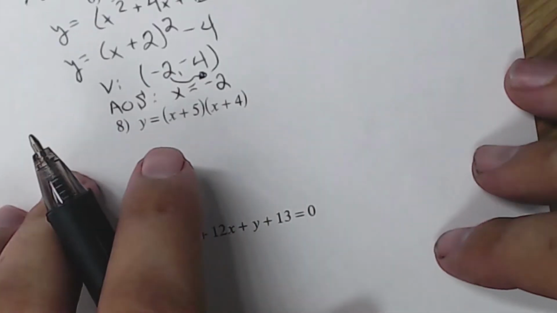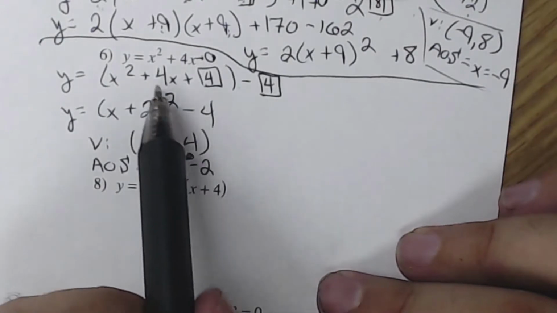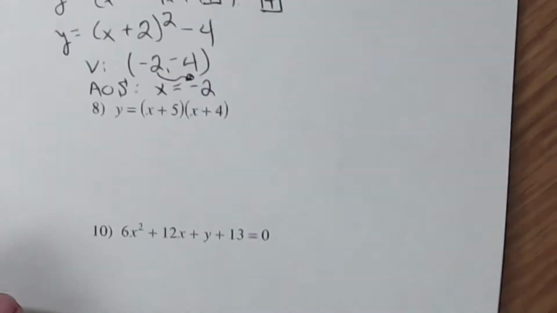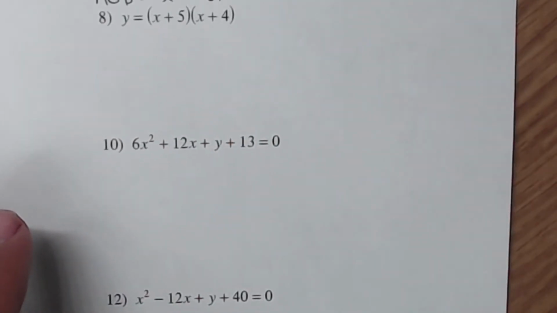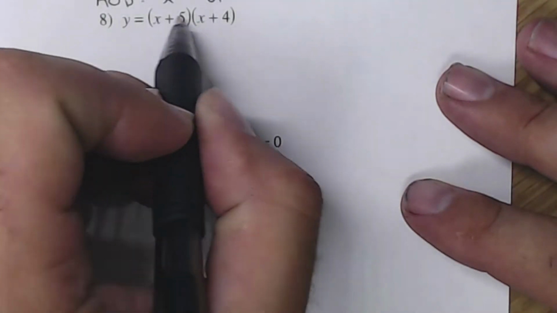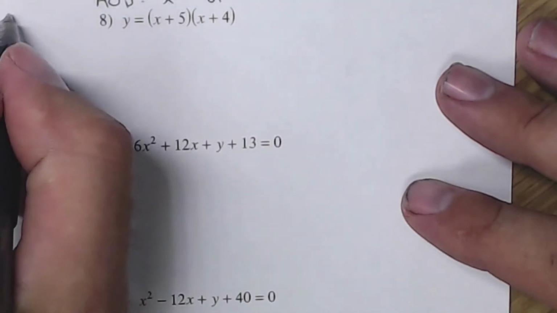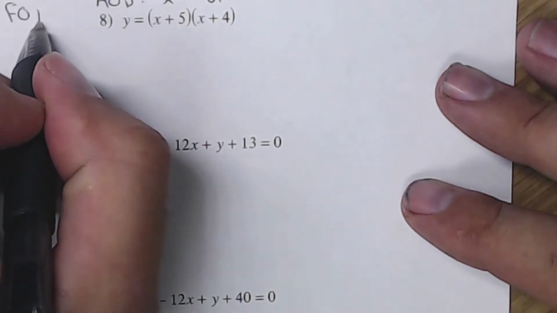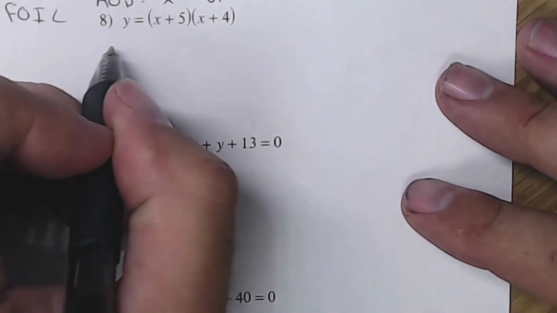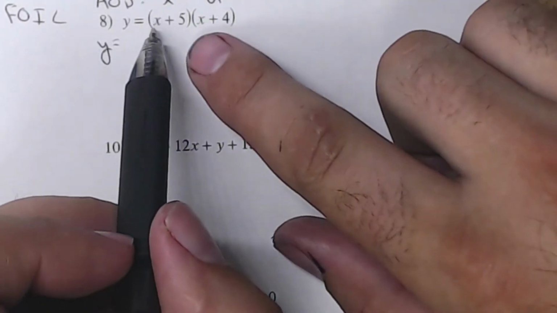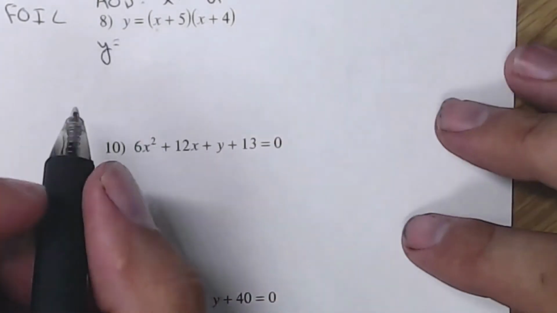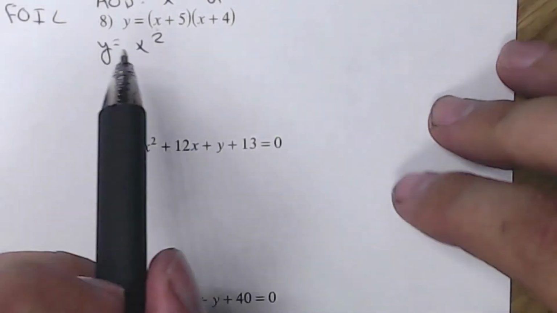So if I'm more familiar with stuff like this up here, where it's all foiled out already, well, there's nothing stopping you from doing that here. Let's distribute all of this. Let's FOIL it. A student asked me about that today. That stands for first, outer, inner, and last. So my first thing in both the parentheses, x and x, multiply them, x squared.